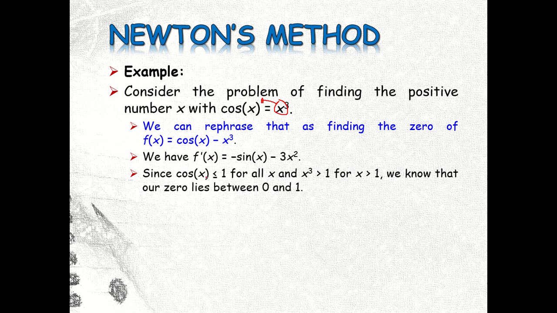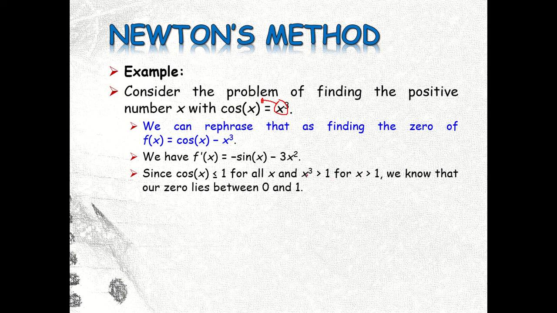And since cosine x is less than or equal to 1 for all x, this is the value of cosine x. And x cubed is greater than 1 for x greater than 1. For example, if x equals 2, 2 cubed is 8, which is greater than 1.